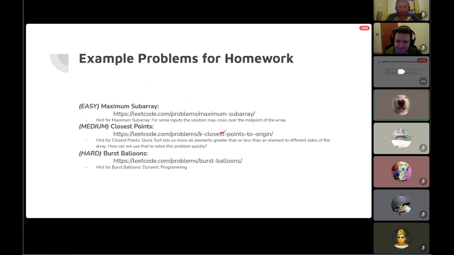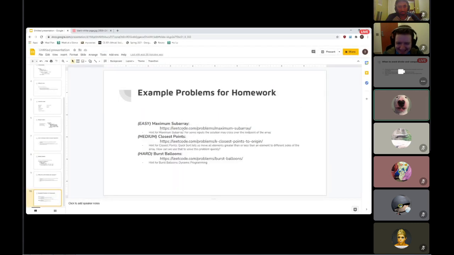So now here are some example problems that you can do for homework. I was thinking about walking through some of them for you, but I'm a little too tired, so I'll just copy those into the chat.